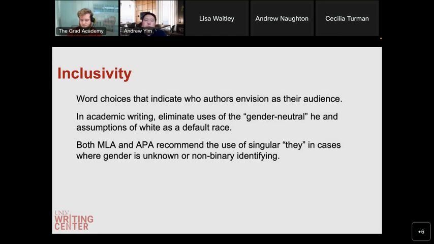So for anyone here who's very familiar with APA 7th or MLA 8th, recently the rule has changed where instead of using he or she for identifying male and female, you can now use singular they to refer to people who may or may not have identified their genders.